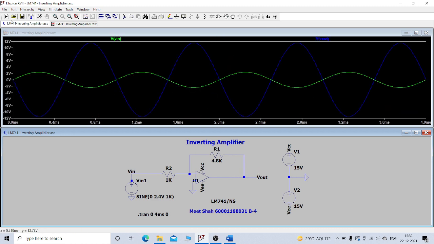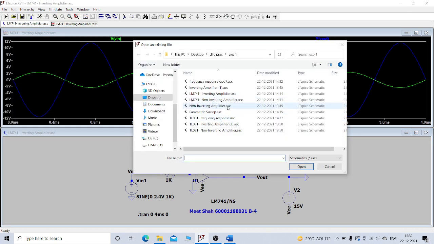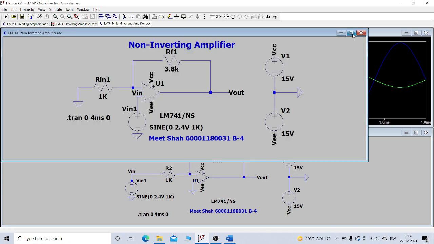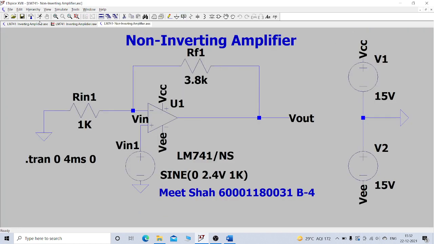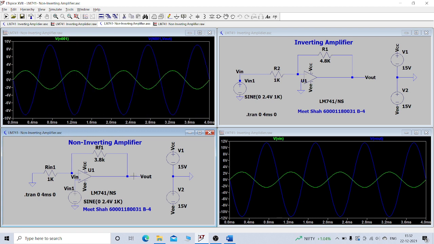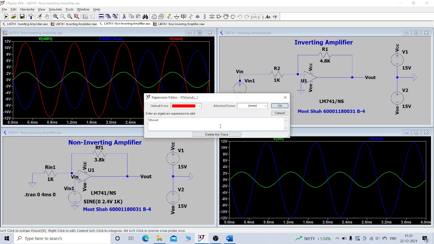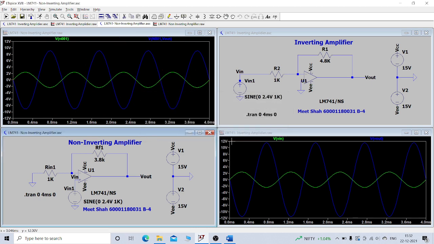And this is our output, and we go for the non-inverting one also. We run this also. So we can see the waves are completely different for both of them, for LM741C.